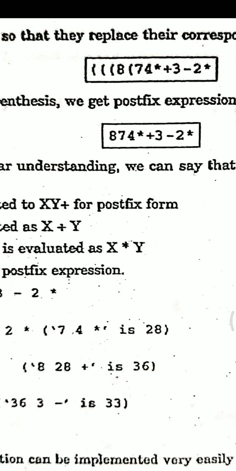So from the above postfix expression, you could see that in the given example 7 multiplied by 4 is 28, plus 8 is 36, minus 3, we get 33, which is multiplied by 2. You could see the result is 66. I hope you guys are understanding.